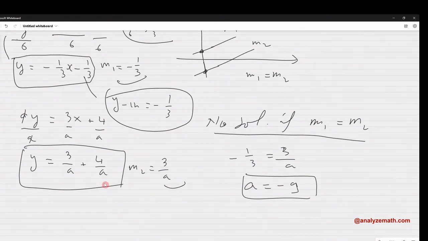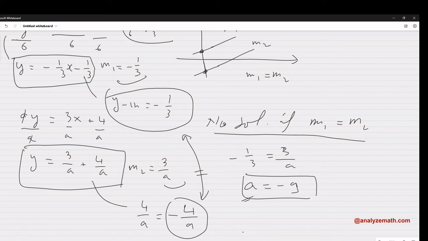But here it's not known, so we need to calculate it. So 4/a, when we substitute a by -9, it will give me -4/9. And this is different from this. Therefore, if you graph the two lines for a equal to -9, they are parallel and they have different y-intercept, and therefore no solution.